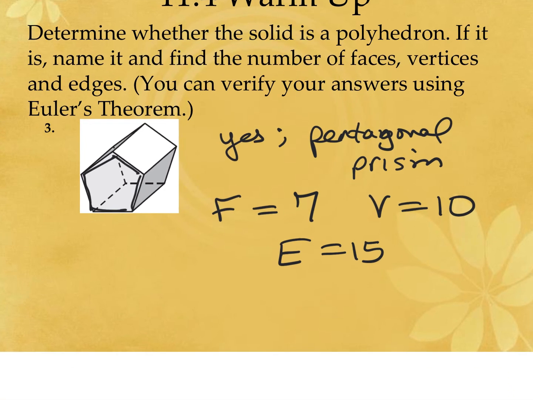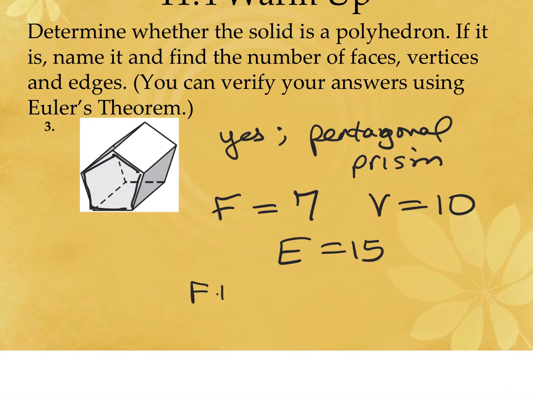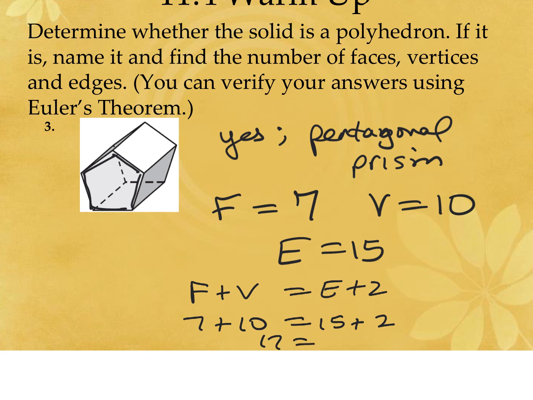And again, if you want to use Euler's to check it, faces plus vertices, 7 plus 10, should equal edges plus 2. 15 plus 2, 17 equals 17. I did everything correctly. So that is the warm-ups, which is a good way to review for the quiz for tomorrow.